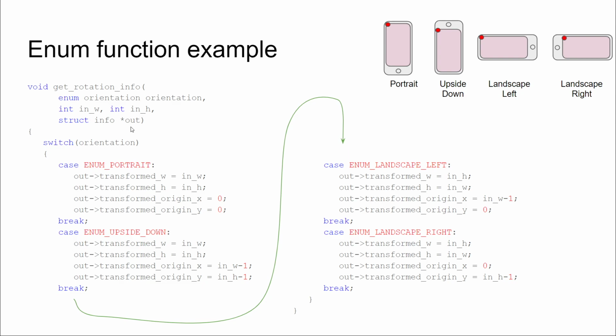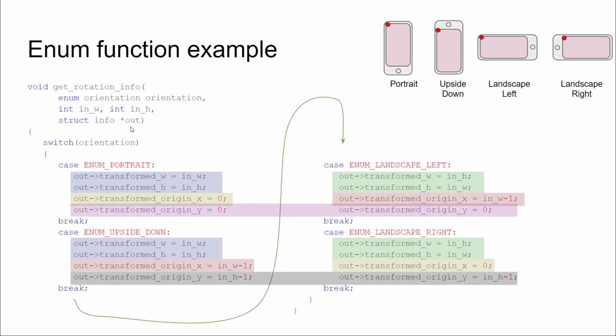So the point is, these enums give us code duplication. You can see that very clearly here. The green and purple blocks are identical, and similarly the yellow and red blocks are identical, and similarly again the last 2 blocks are also identical.